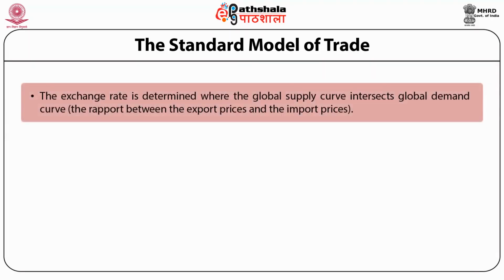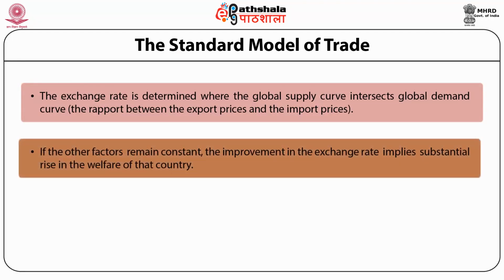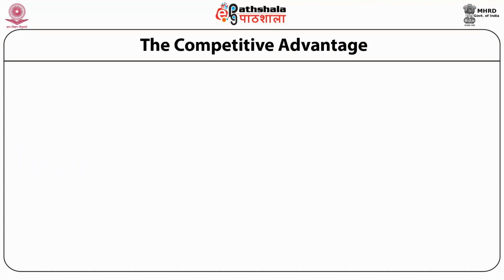The exchange rate is determined where the global supply curve intersects the global demand curve, the rapport between the export prices and the import prices. If other factors remain constant, the improvement in the exchange rate implies substantial rise in the welfare of that country.